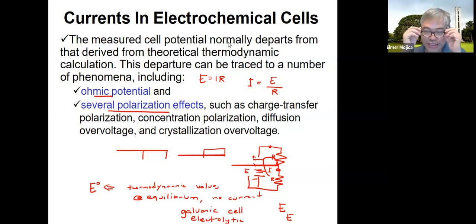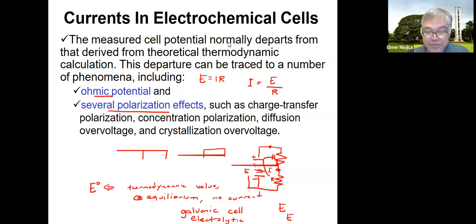Okay, what will the current cause in the measured potential for the galvanic cell and the electrolytic cell? If you look at the electrode potentials, usually they are thermodynamic values. At equilibrium, there's zero current. However, in practice, current is always present.